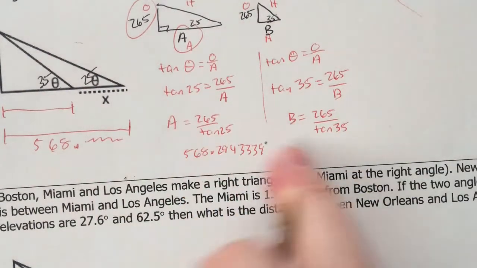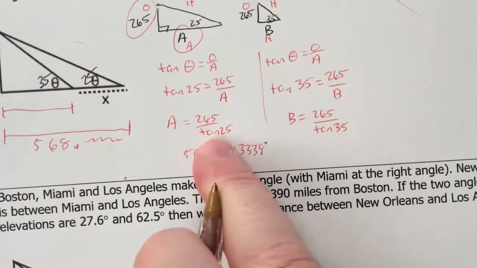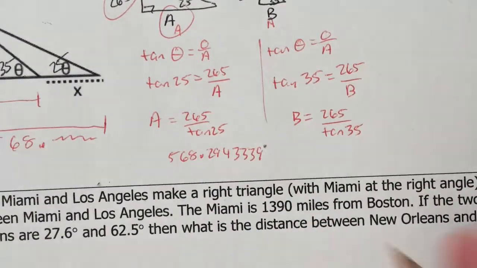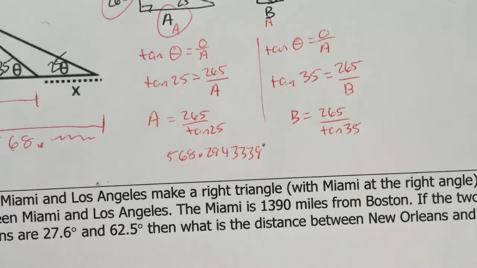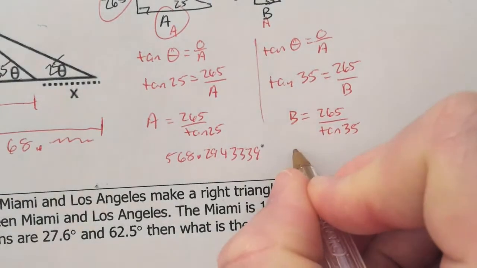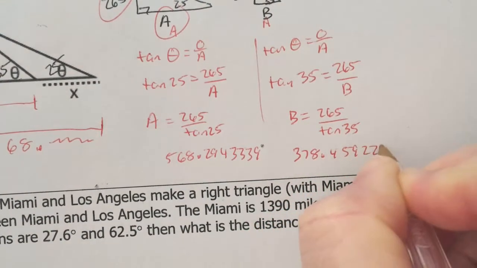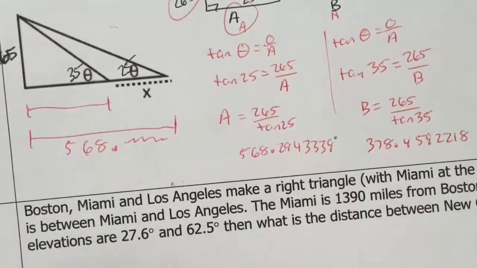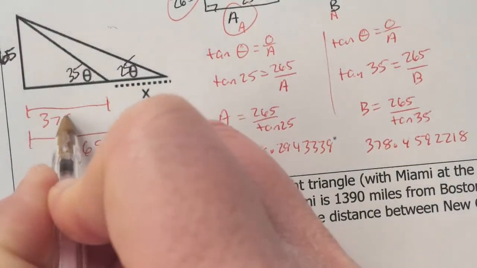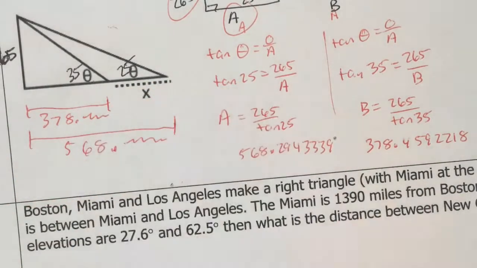So notice that these both look the same, just one has the 25 and the other one has the 35. Okay, and when we put that into the calculator, we would get 378.4592218. So 378 point and then a bunch of stuff.